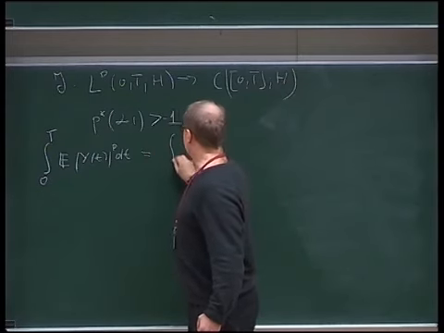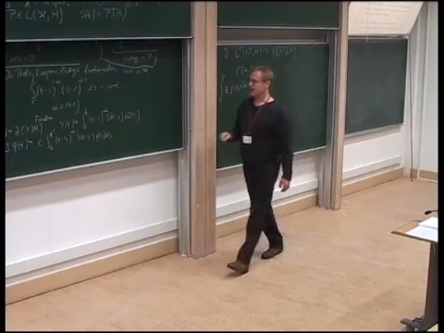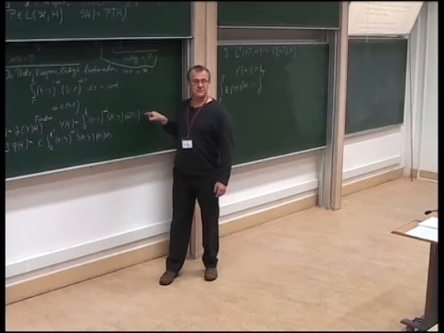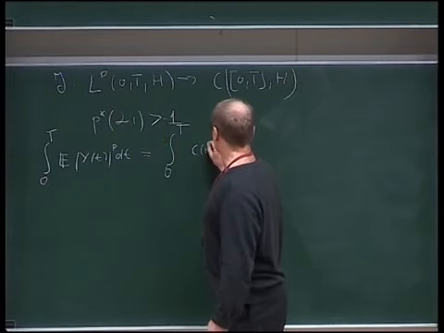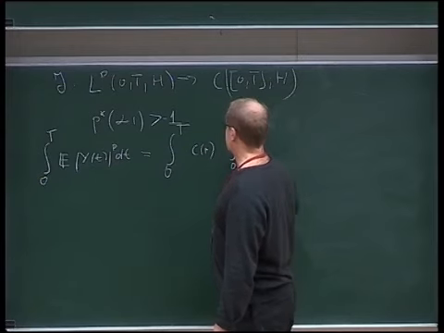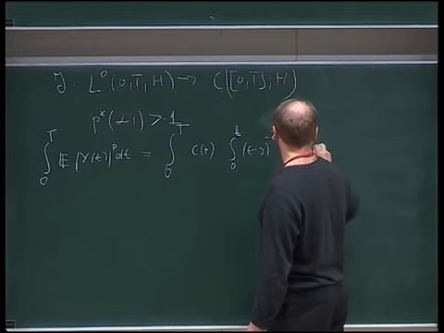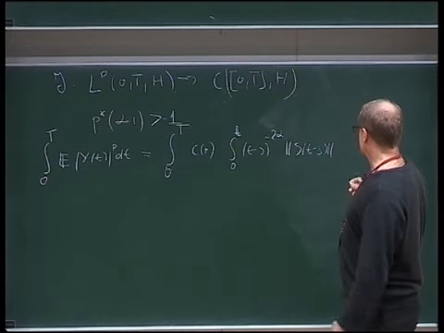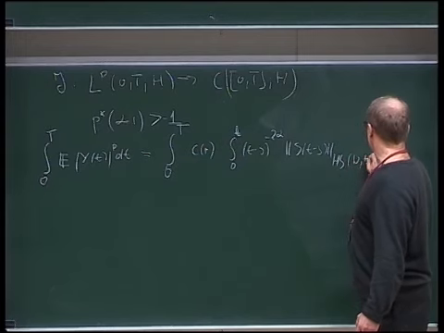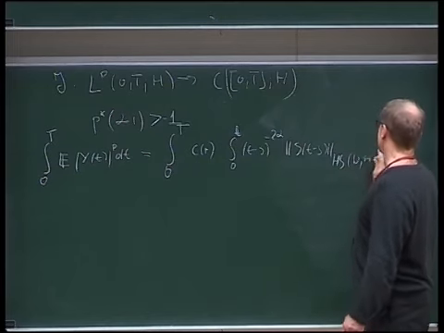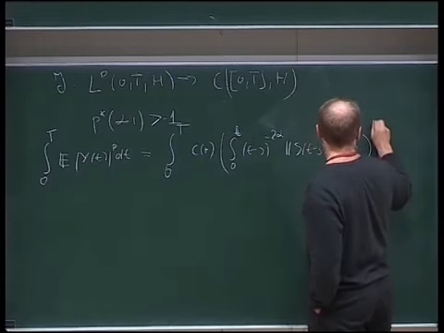And of course, for the Wiener case, we have the expectation of the p-th power of the norm of this is something like some constant depending on p times the integral from 0 to t of (t minus s) to the minus 2 alpha times the norm of S(t minus s), in the Wiener case the Hilbert-Schmidt norm from U to H, to power 2 ds, to the power p over 2.